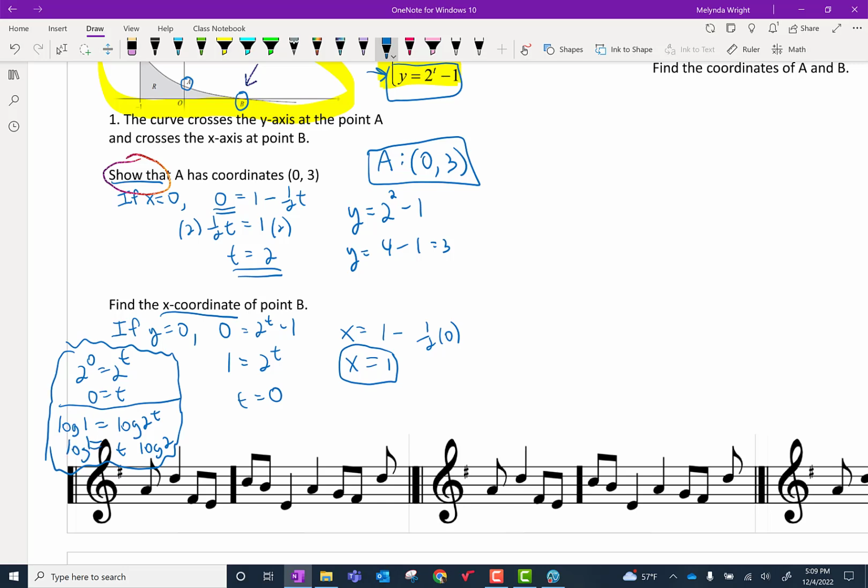So we divide by log of 2, which we don't even care what that is because it's just some random decimal number, but we know log 1 is 0, so t is 0.